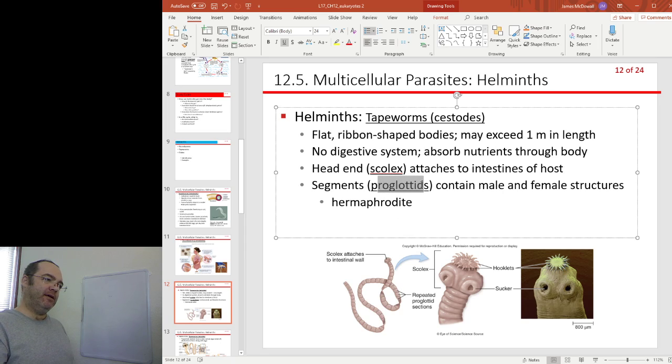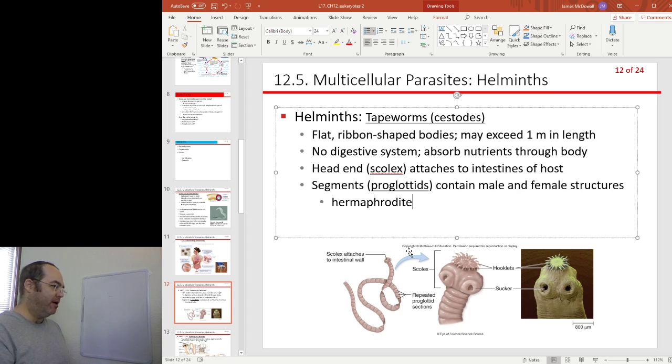The proglottids, each one contains a complete male and complete female reproductive structure. So we can term these tapeworms hermaphrodites, and they can self-fertilize.